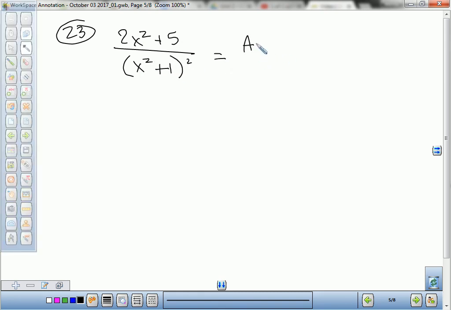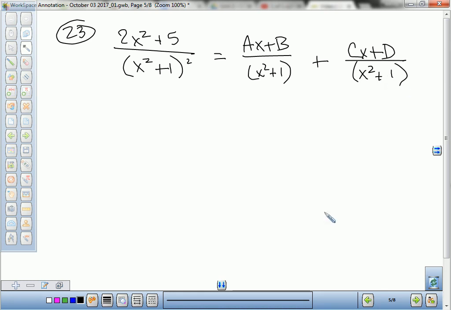So to the first power, to the second power, all right, so this is good. It's already over the common denominator. This one needs to be multiplied by another.